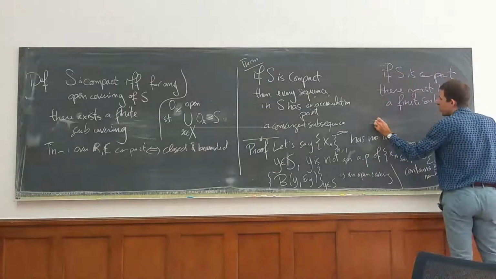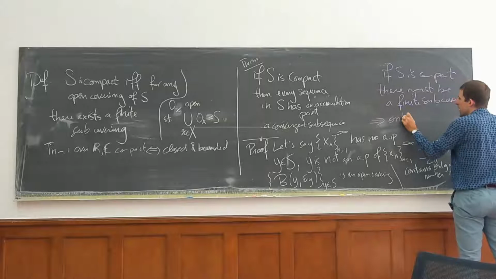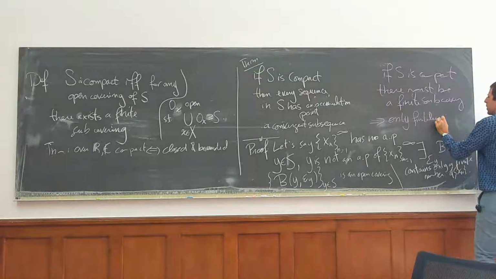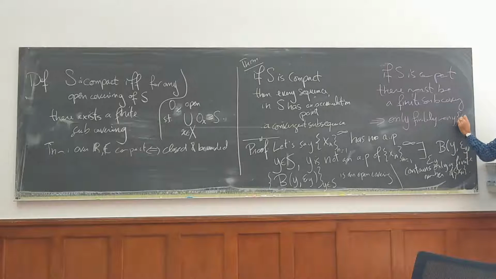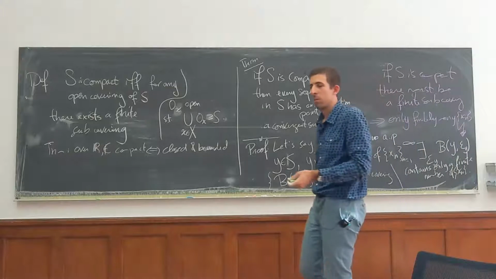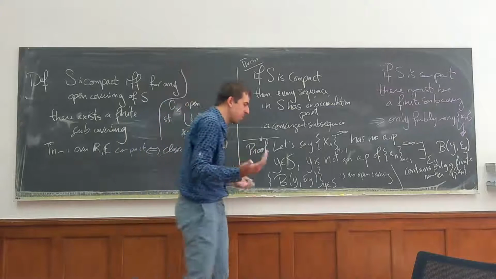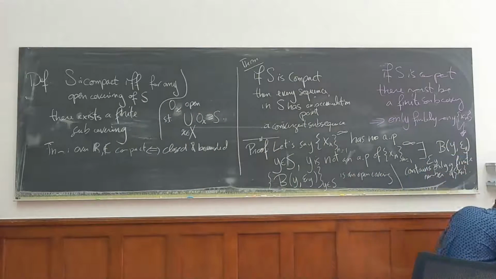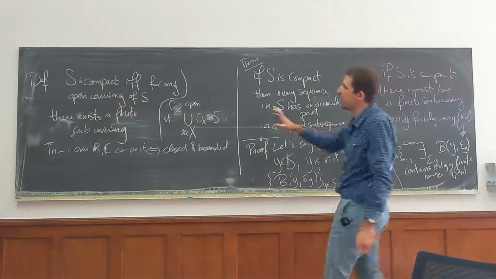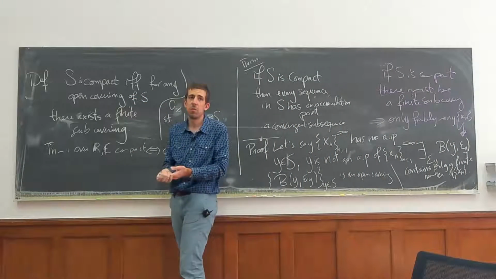This implies that there's only finitely many points in xn, but it's an infinite sequence, so that's not right. So it's a contradiction. It's a simple argument, but it highlights very nicely the importance of this definition of compact.